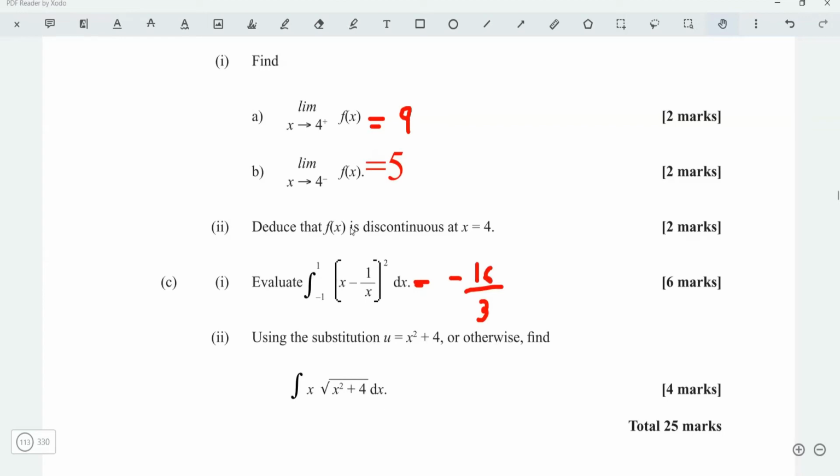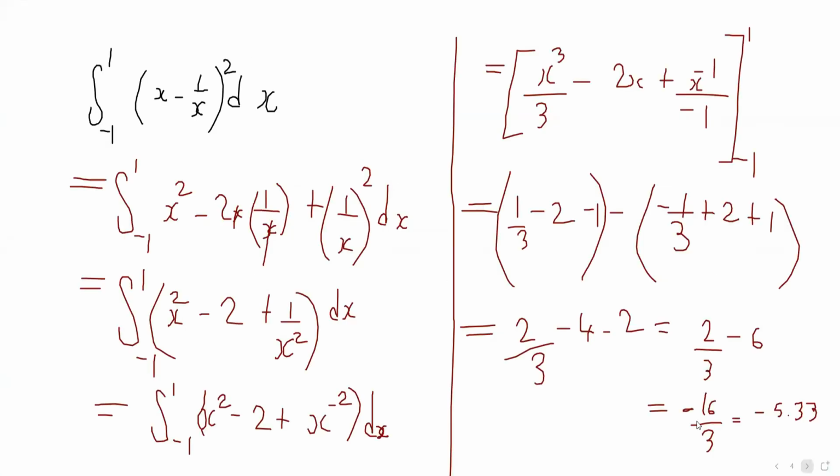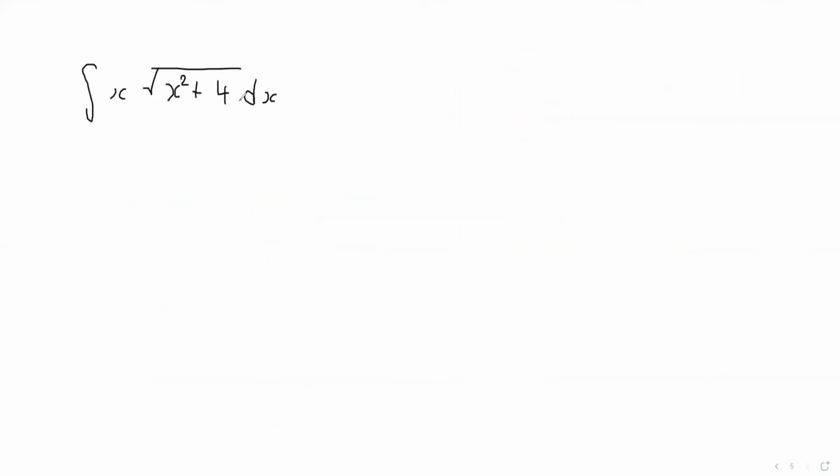Now this one right here says, by using u substitution, find the integral of this. This is really boring. If you're doing u substitution, all we're going to do is substitute u as x squared plus 4. Then du dx, if you differentiate u with respect to x, you would get 2x.